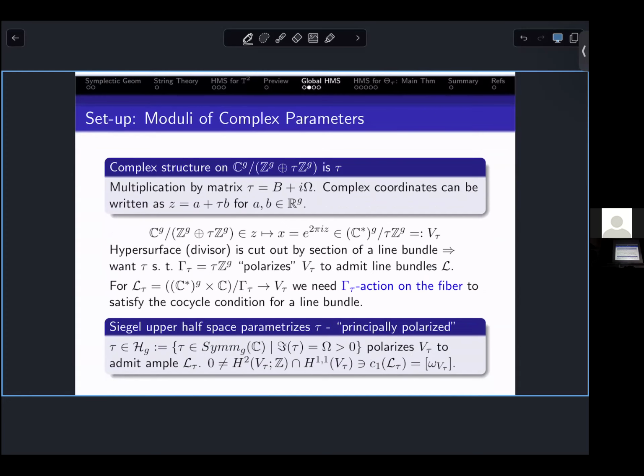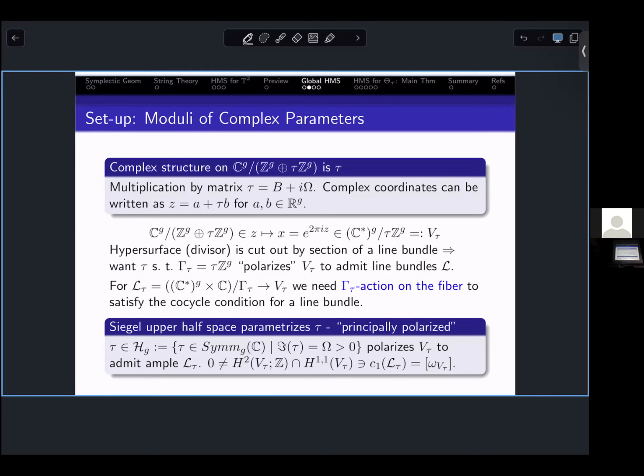We want to be able to cut out a hypersurface. So we want the abelian variety to be polarized, you know, like sunglasses are polarized to not let the sun in. We want to have the lattice polarized in a way that the abelian variety admits a line bundle, because then we can cut out the hypersurface from a section of that line bundle.